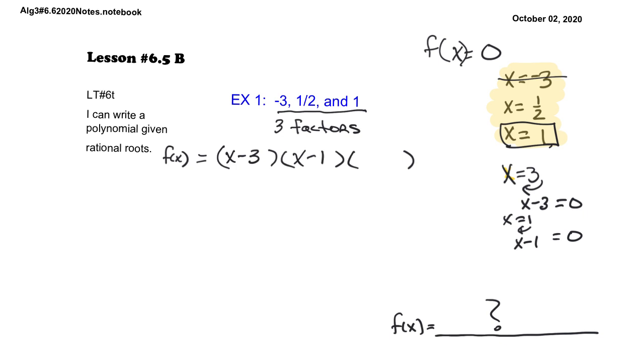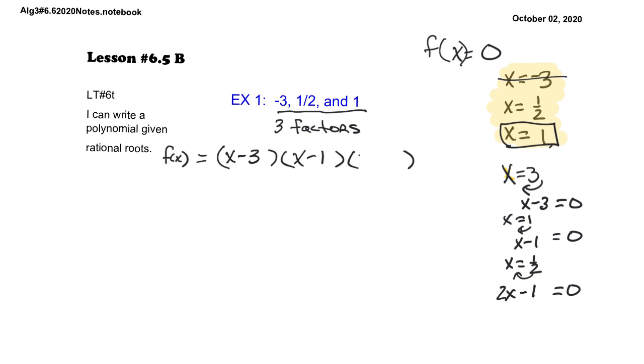Now we haven't dealt with the fractions yet, but let's do it. If x equals 1/2 and I want that to equal 0, I would first have to multiply by the 2 and get 2x, and then I would bring the 1 over by subtracting 1.